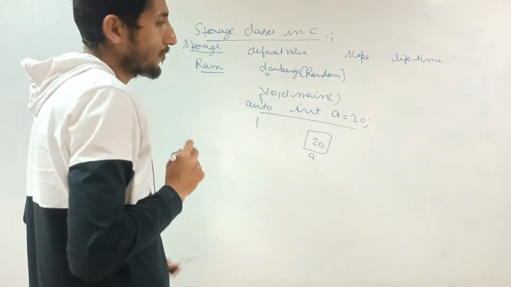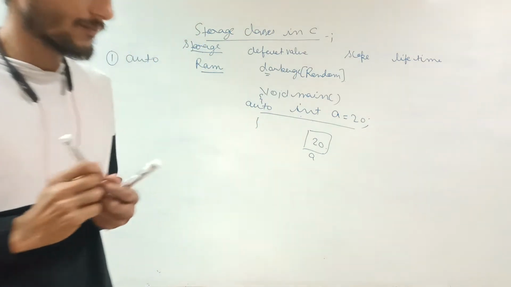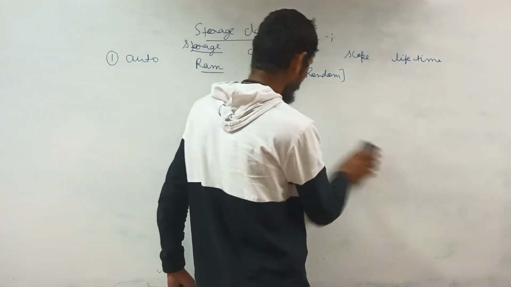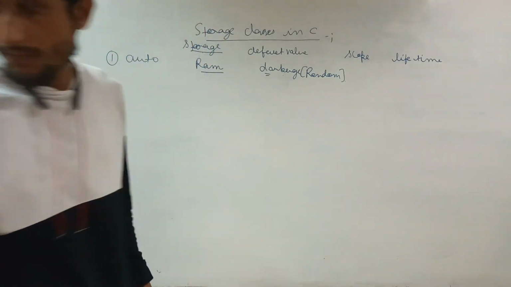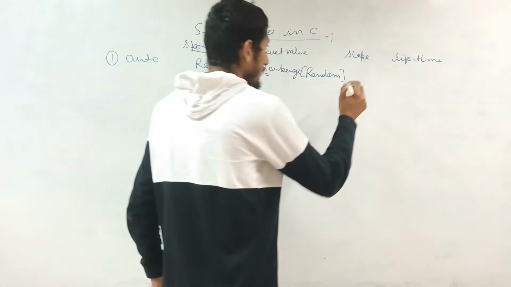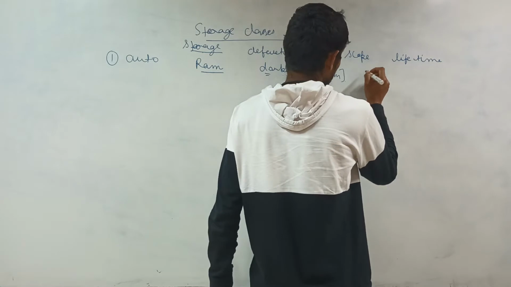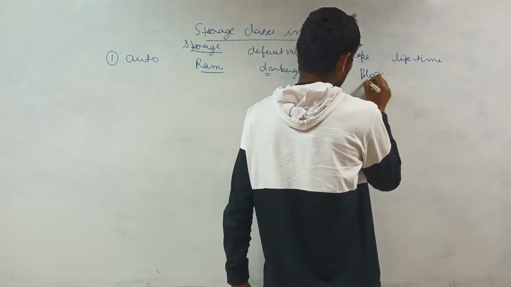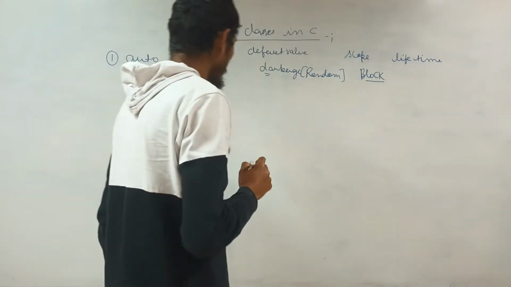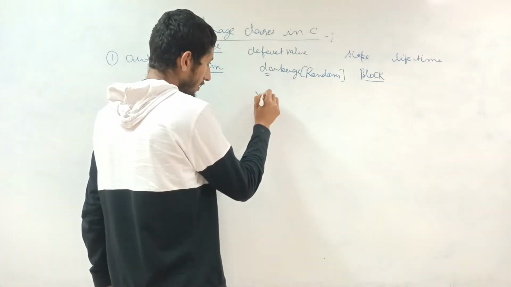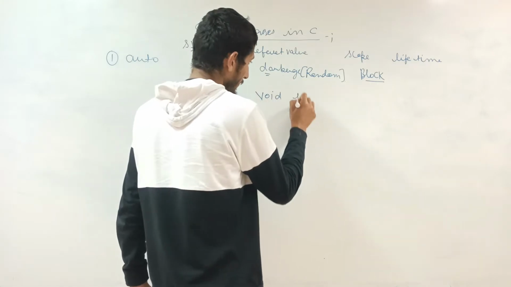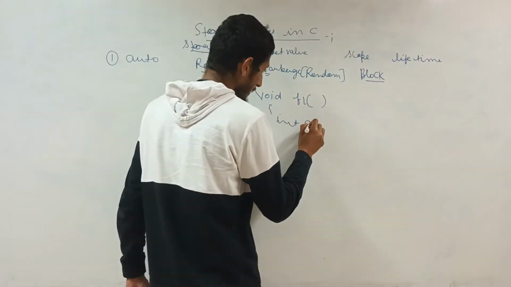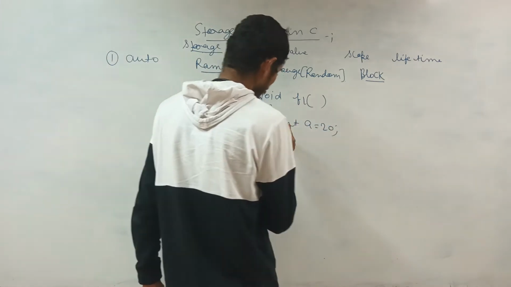The third one is scope. So what is the meaning of scope? The meaning of scope is within the block. So we can say block. Let's say you have a function void f1, and in f1 you have a variable int a equals 20.